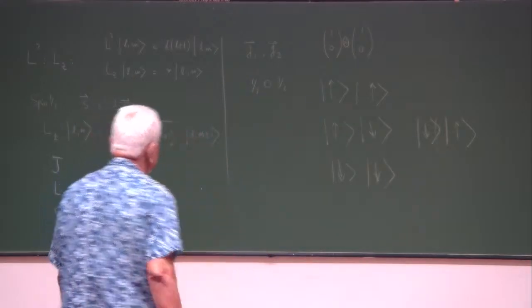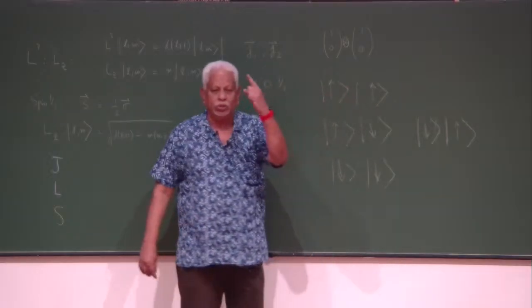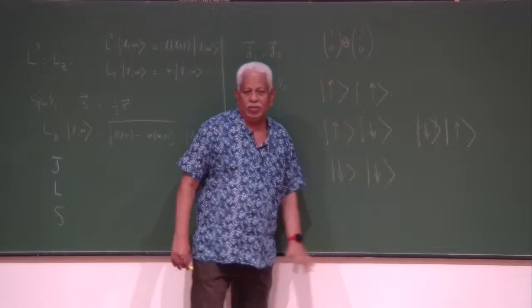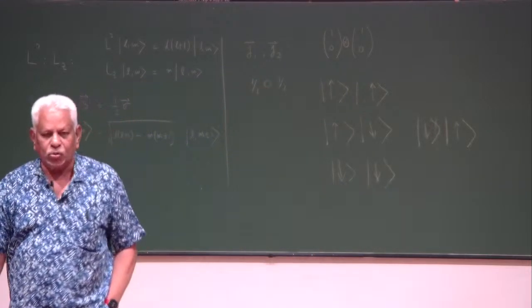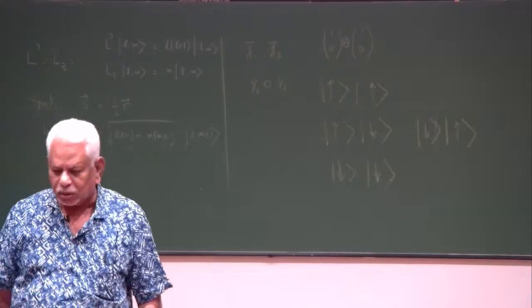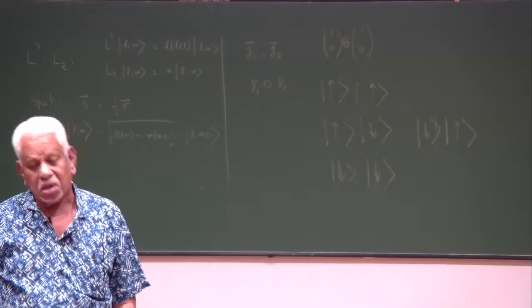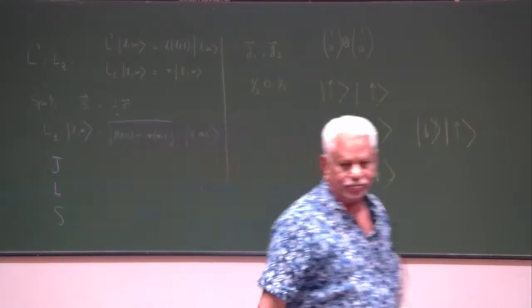There is only one state with magnetic quantum number equal to +1, and there is only one state with magnetic quantum number -1. So the fact that the magnetic quantum number of the total becomes maximum 1, minimum minus 1 tells me that there is a spin 1 particle.